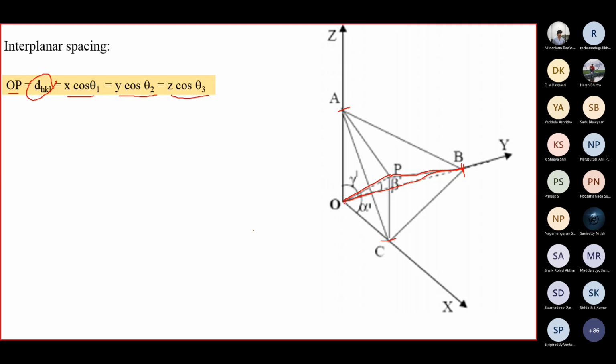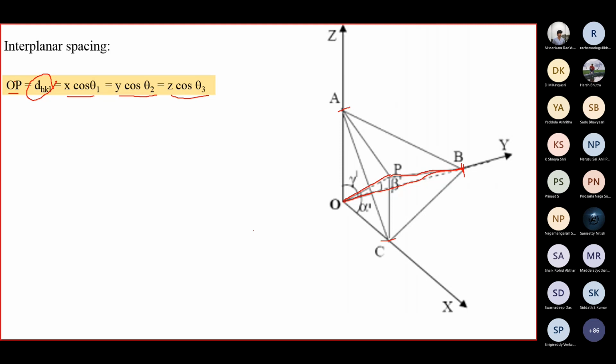What is the distance between the plane which is at O and plane ABC? Sir, OP. Yes, that is the minimum distance.